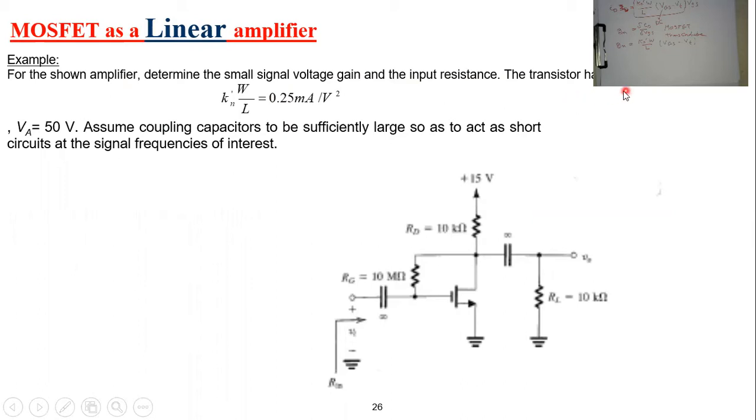The transistor has V threshold equal to 1.5 volts, Kn dash W over L equals 0.25 milliampere per volt squared, and VA equals 50 volts, which is the voltage applied to this point. Assume the coupling capacitors are sufficiently large so they act as a short circuit at the signal frequency of interest.